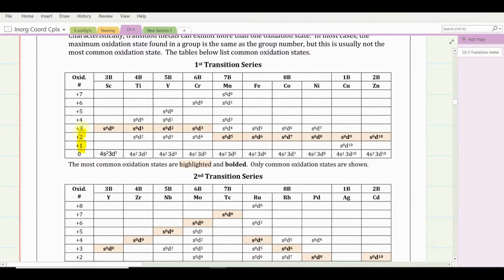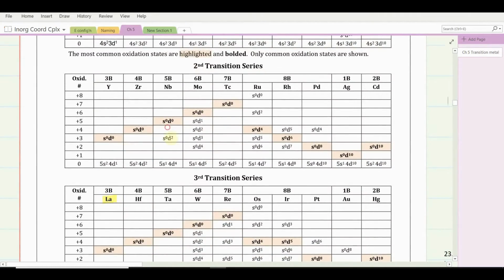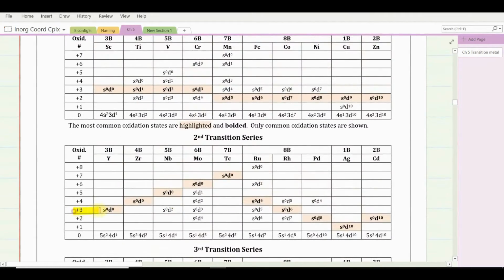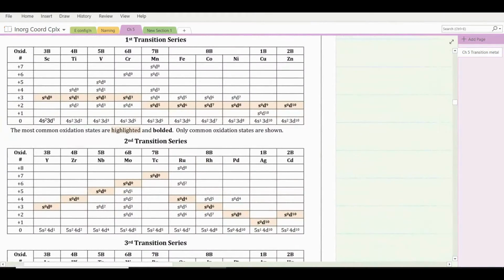The vertical leftmost column lists the possible oxidation states for the transition elements. If you look at group 3b, scandium, yttrium, and lanthanum, you'll notice that the only oxidation state that we see is +3. So they have fixed oxidation numbers. Go to the other side of the table, the right-hand side.